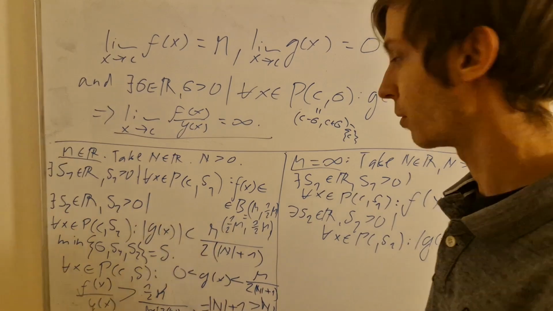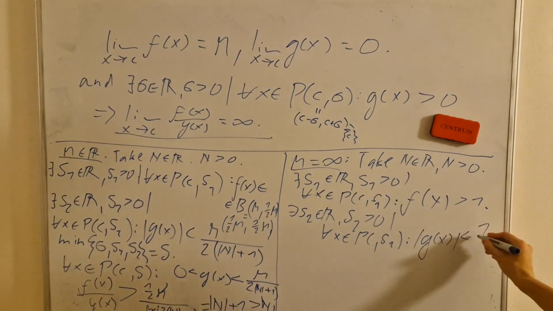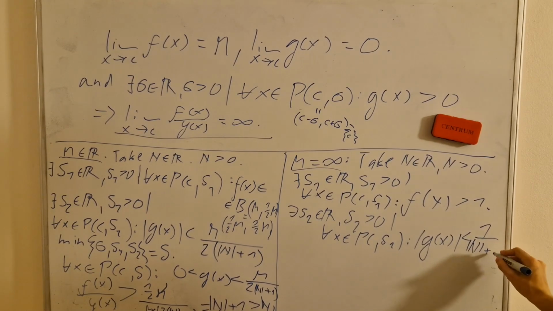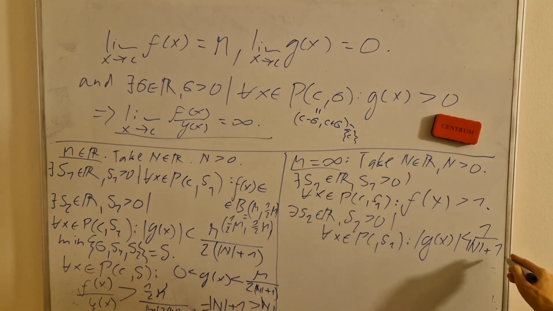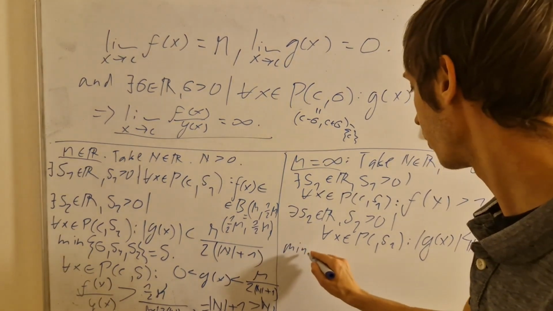G of x we will also make simpler. We won't have to include an m in the numerator again, but I'll just do 1 over absolute value n plus 1. We took an n again. Okay, and now what do we do? We can again take a minimum of all three so far.